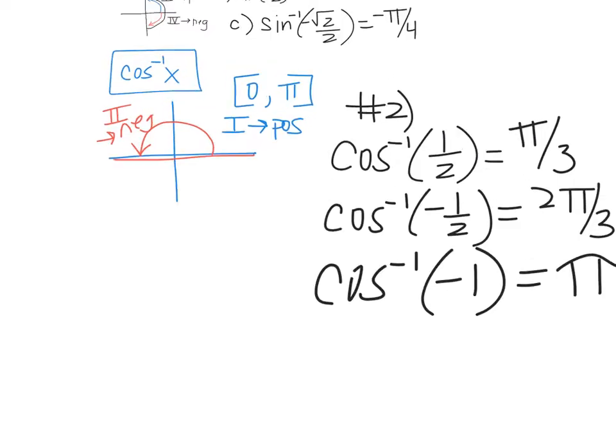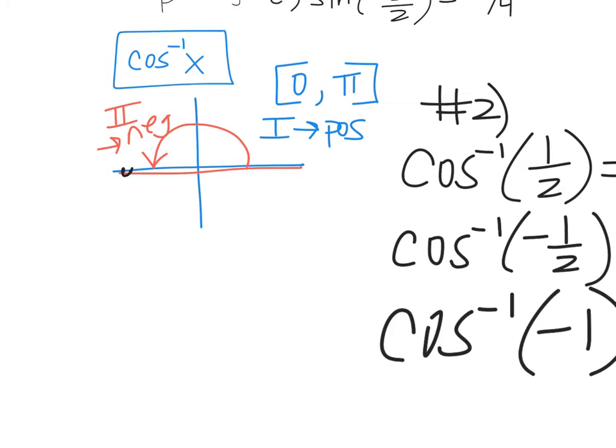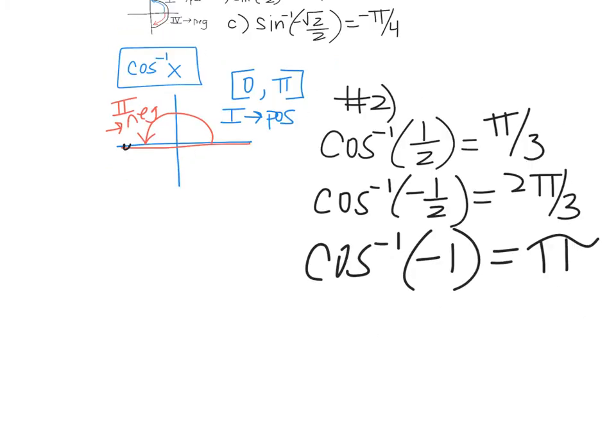Okay, over here, this right here on the unit circle is the point negative 1, 0, and so this angle is pi. Now remember, your answers, see there's a bracket around 0 and pi because those are okay. You're allowed to have them. But do not go past it. Don't go the other direction. Any of those answers will not work.